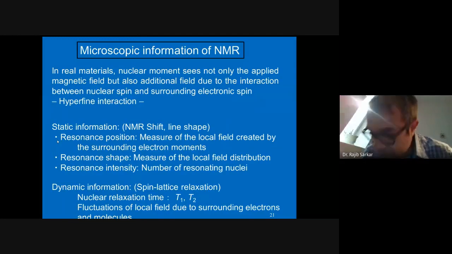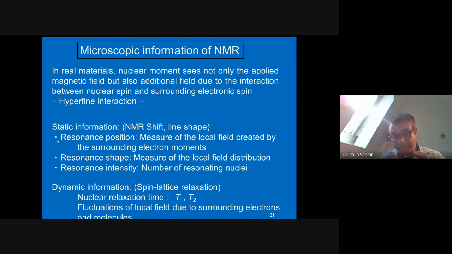So now let's go to the information that you can get, the microscopic information, by using NMR. When you are talking about solid state physics or condensed matter physics, what do you actually get? In a real material you have a nuclear moment, and you apply the static external magnetic field to lift the degeneracy of the nuclear energy levels.